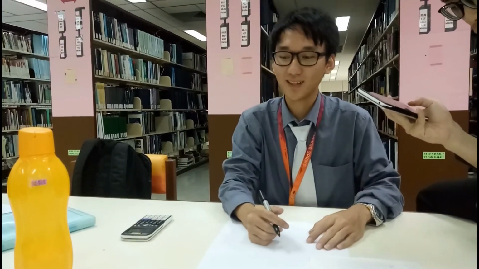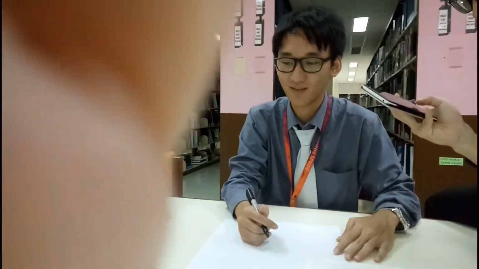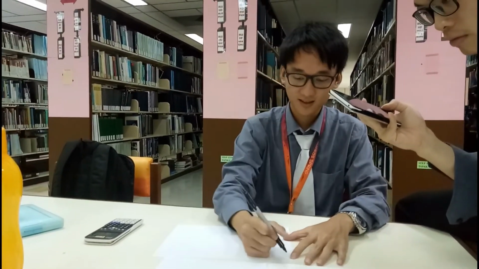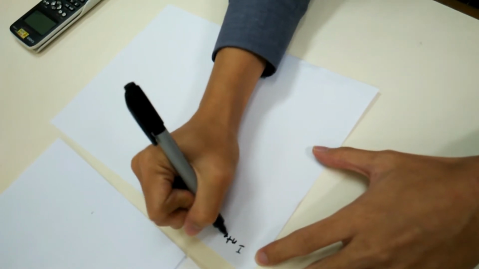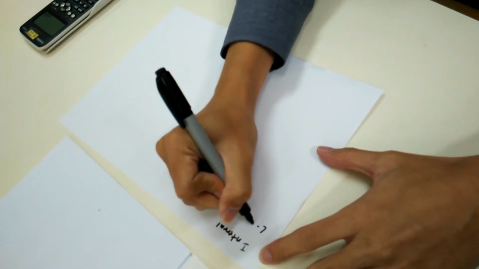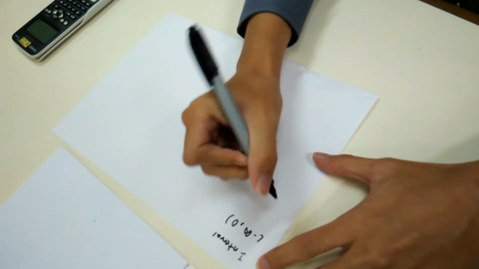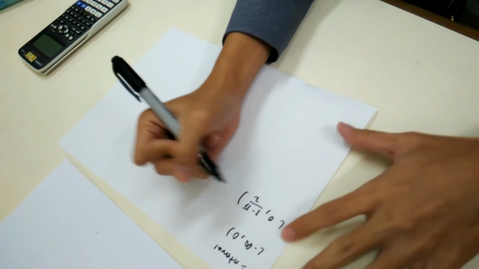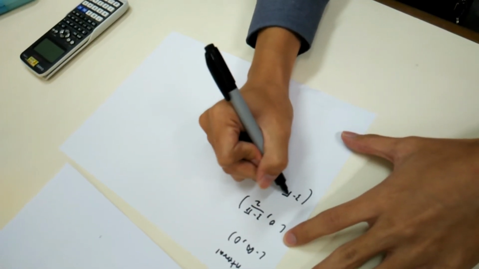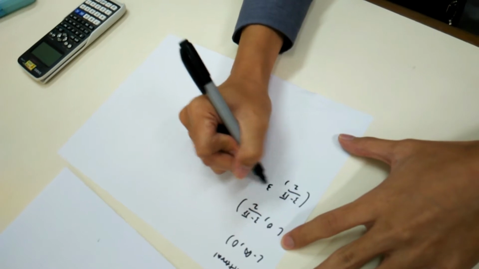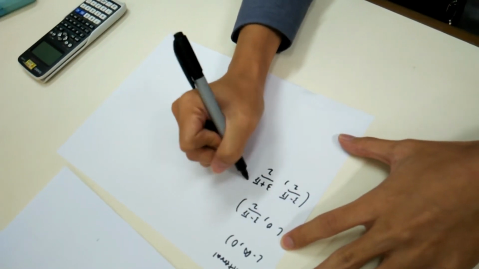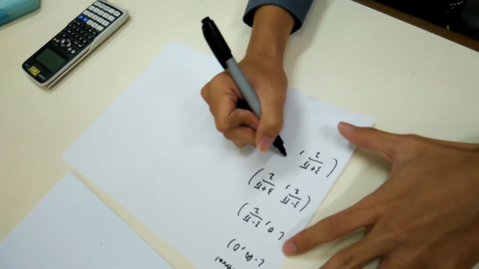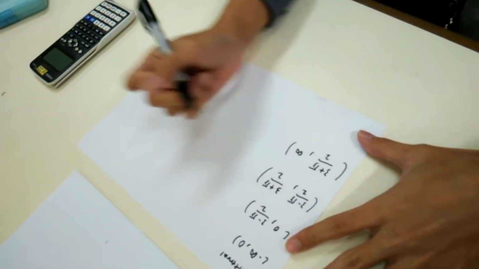We are going to find the open intervals of concavity for the rate of absorption of the heat. So we just put the intervals: negative infinity to 0, 0 to 3 minus square root 3 over 2, 3 minus square root 3 over 2 to 3 plus square root 3 over 2, and the final one is 3 plus square root 3 over 2 to positive infinity.